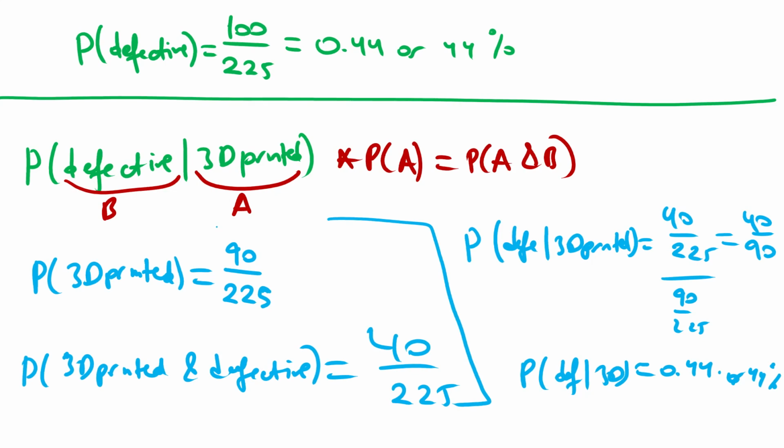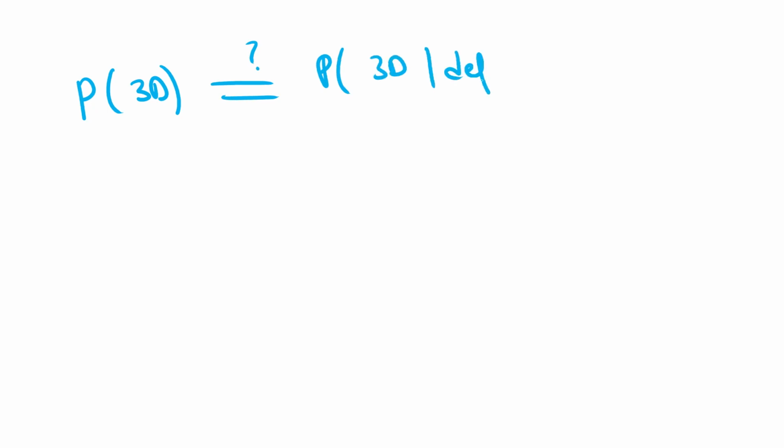But you can go further and check the other direction. Here what we did is that we checked whether something is defective is equal to something being 3D printed and defective. Then you can check whether something is 3D printed is equal to something being 3D printed from defective parts.